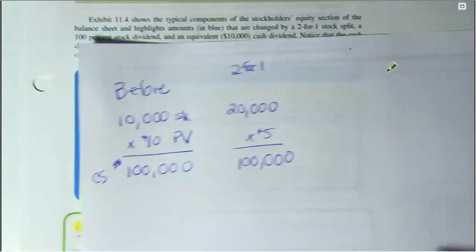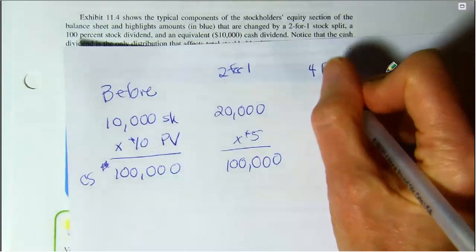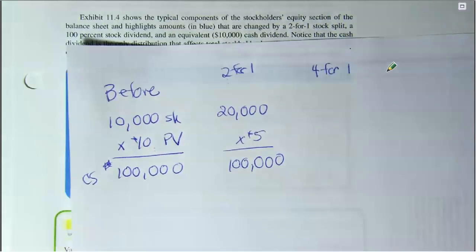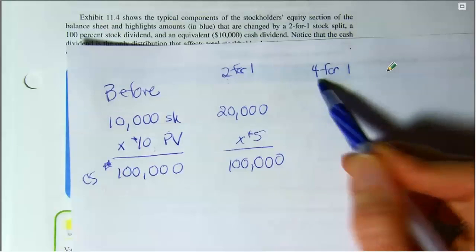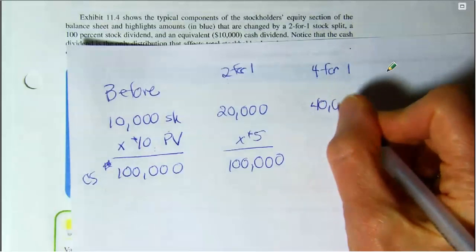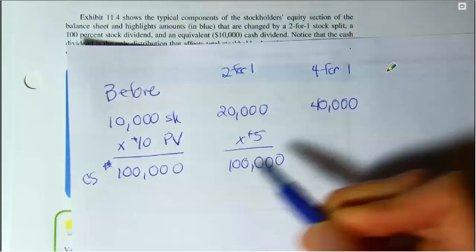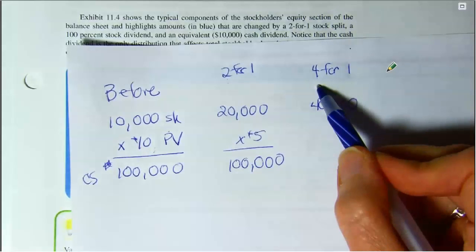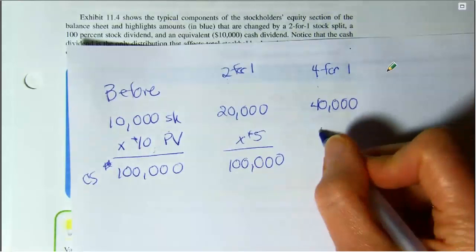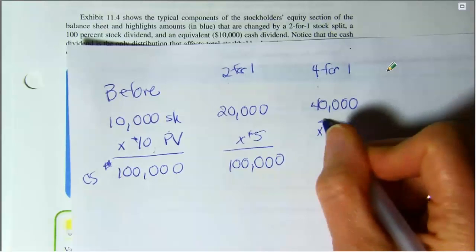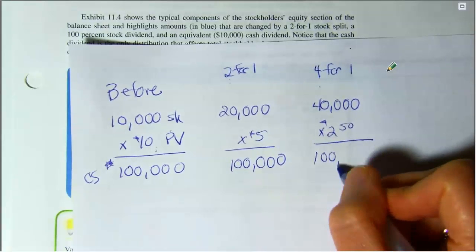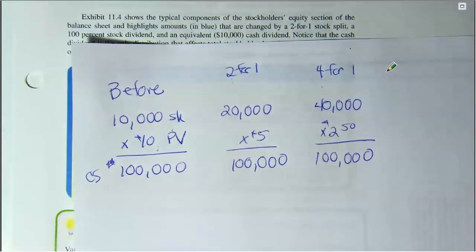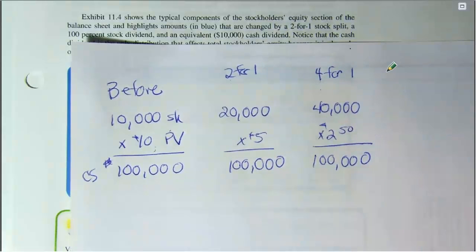Right. What if we have a 4-for-1? Then 10,000 times 4 would be 40,000. $10 divided by 4, $2.50 each, still comes to 100,000.